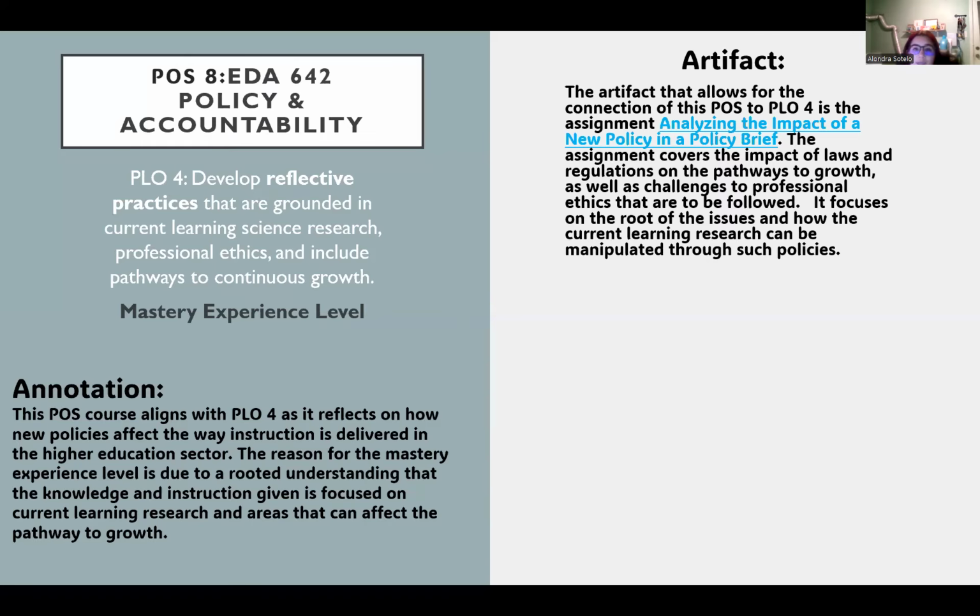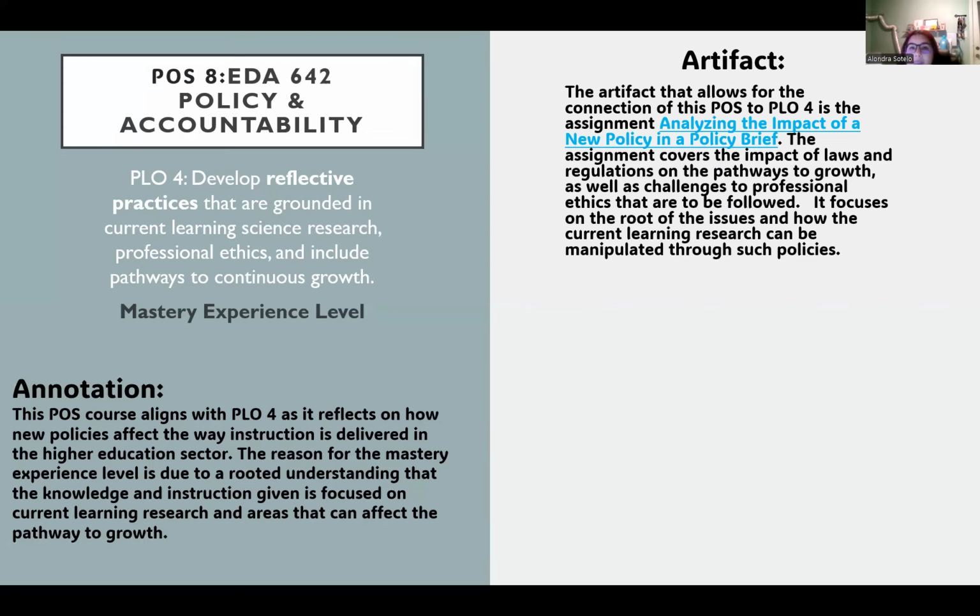The artifact that allows for the connection of this POS and PLO 4 is the assignment analyzing the impact of a new policy in a policy brief. The assignment covers the impact of laws and regulations on the pathways to growth, as well as challenges to professional ethics that are to be followed. It focuses on the root of the issues and how the current learning research can be manipulated through such policies.